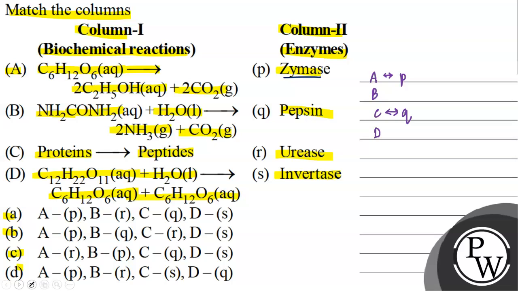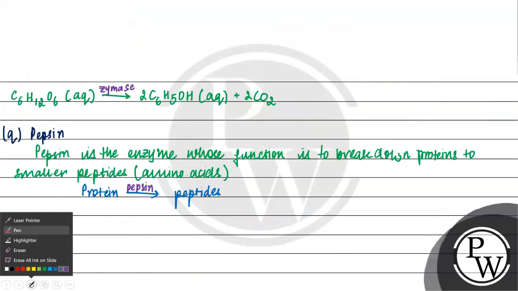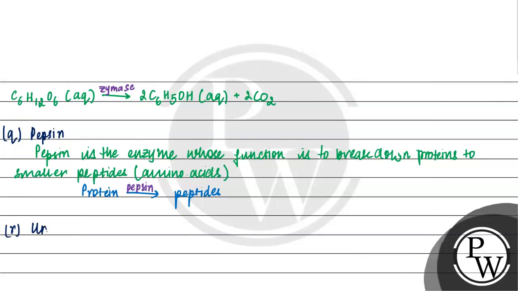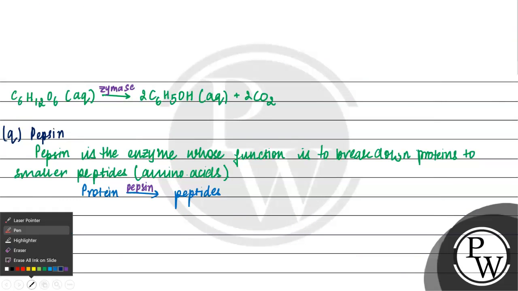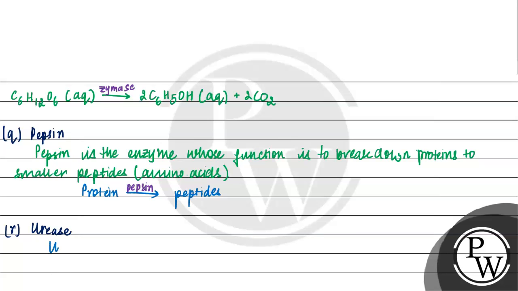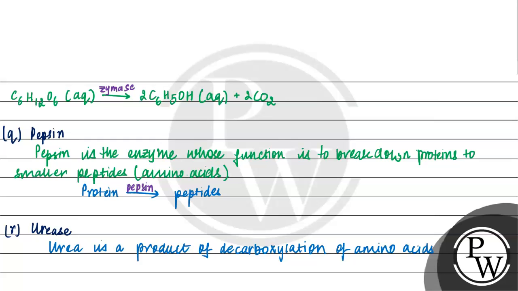Now, if we talk about option number R, it is urease. R says urease. If we talk about urease, urea is a product of decarboxylation of amino acids. So hydrolysis of urea produces ammonia and CO2.